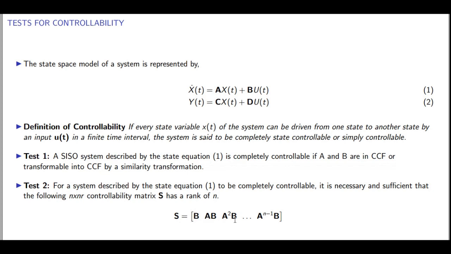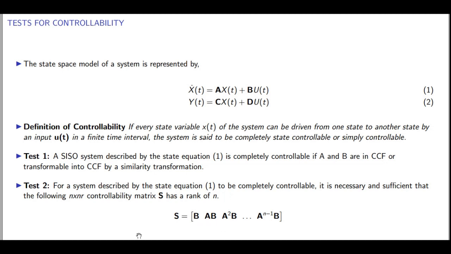And A squared is again 3 cross 3, and if I multiply it by a 3 cross 2 matrix, the product is also a 3 cross 2 matrix. So I will get all 3 cross 2 matrices. So S is going to be a super matrix containing many sub matrices of the order 3 cross 2.